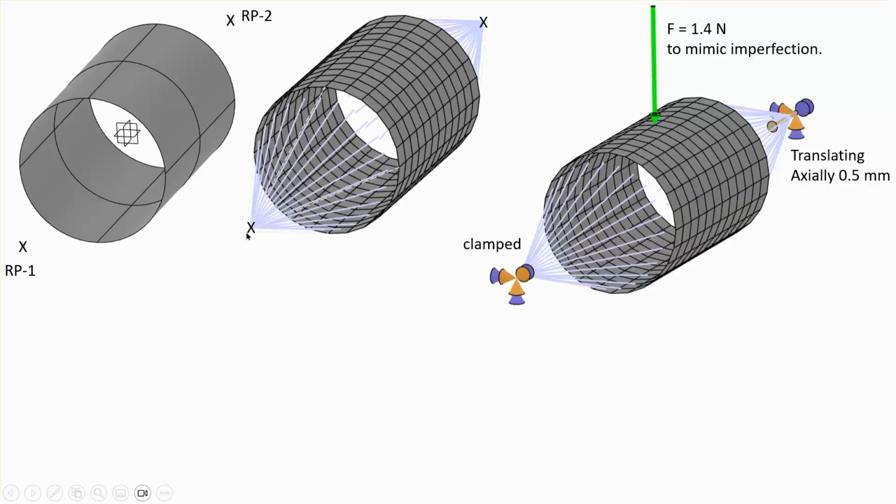This end is clamped, RP1 is clamped, and RP2 is being axially pushed by 0.5 millimeter. And the lateral force, 1.4 Newton, is applied at that center location.